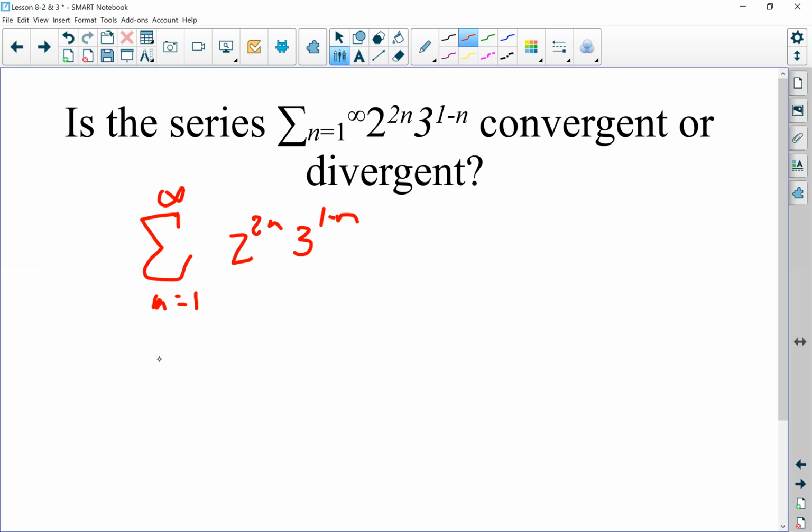So this is the same as the sum, n goes from 1 to infinity, 2 to the 2n would be 2 squared to the nth power. If we take a power to a power, we multiply those exponents. And what I'm going to do is take the 3 and put it in the denominator. So it would be 3 to the opposite of 1 minus n, or 3 to the n minus first power.